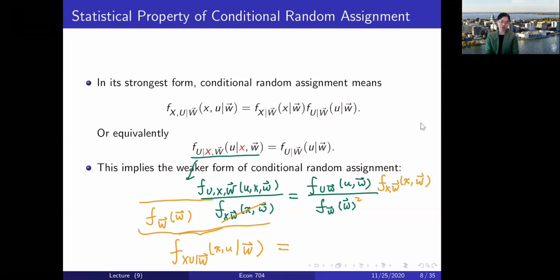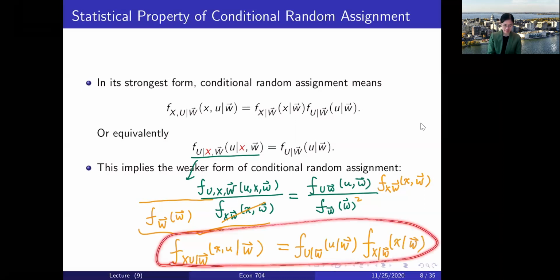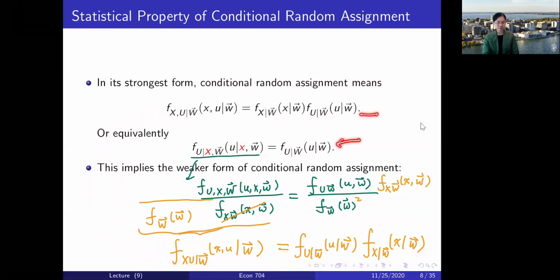One ratio is the joint density of U and W divided by marginal density of W, and the other is joint density of X and W divided by marginal density of W. And both are conditional densities given W. And that is exactly this first definition. Okay, so these are the two expressions for the strong form of conditional random assignment.